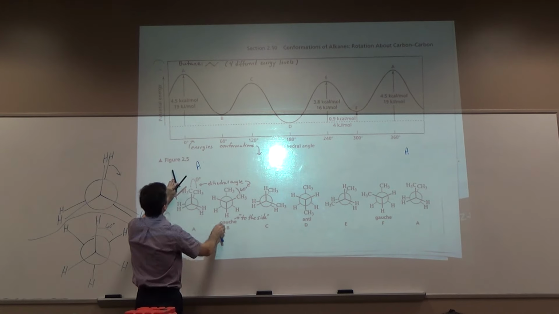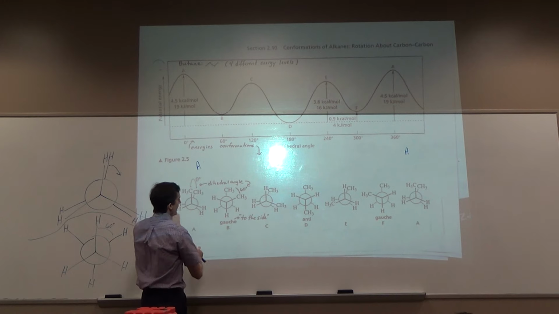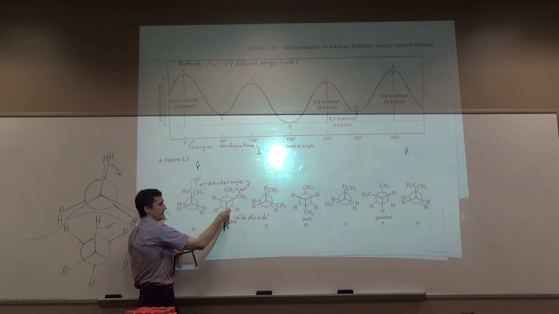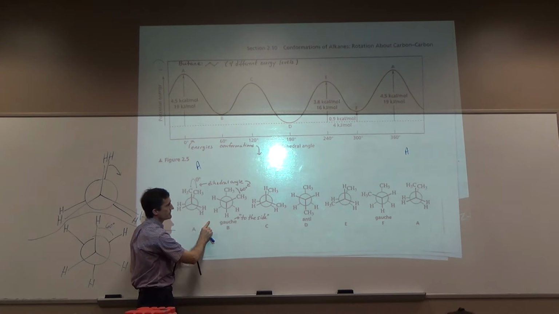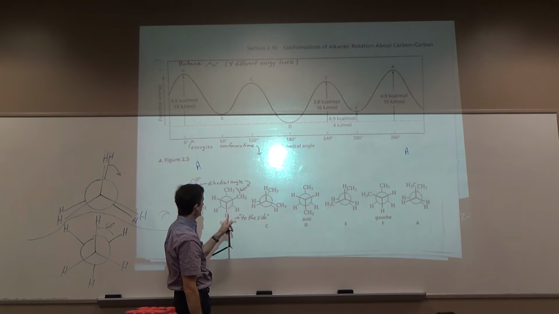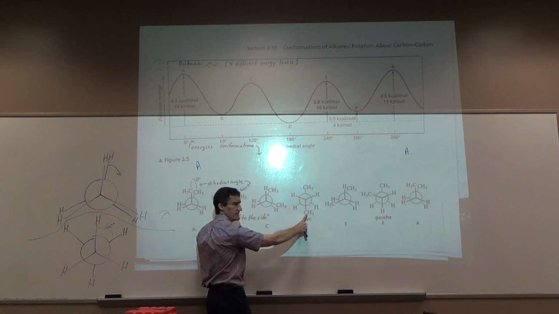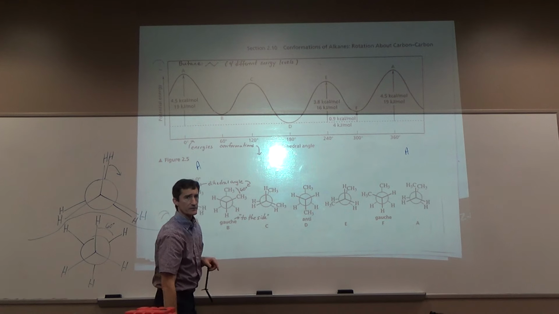Okay? This is B. Need to go through these and we'll pick up here next time. Staggered or eclipsed? Staggered. Okay? But importantly, this staggered is different from this staggered. So we have to have names to distinguish between the different staggers.